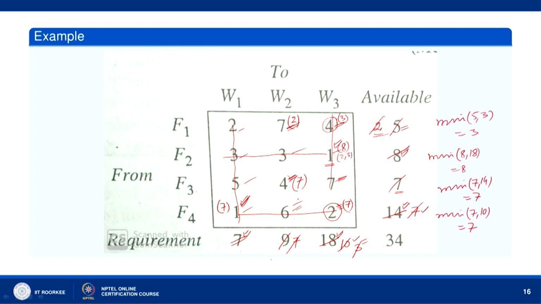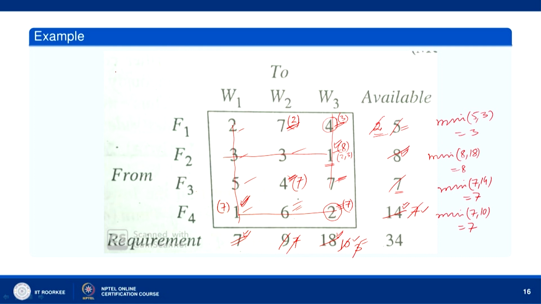So, from F1, 2 units are given to W2 and 3 units are given to W3. From F2 we are giving all 8 units to W3. From F3 we are giving all 7 units to W2. From F4 we are giving 7 units to W1 and 7 units to W3.